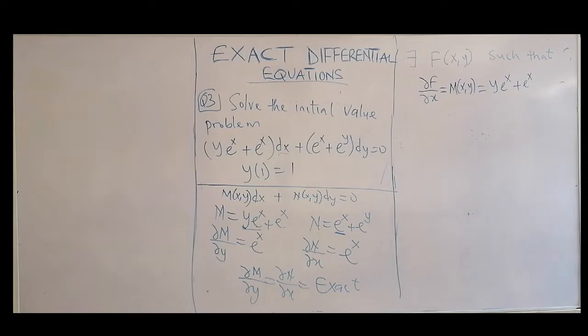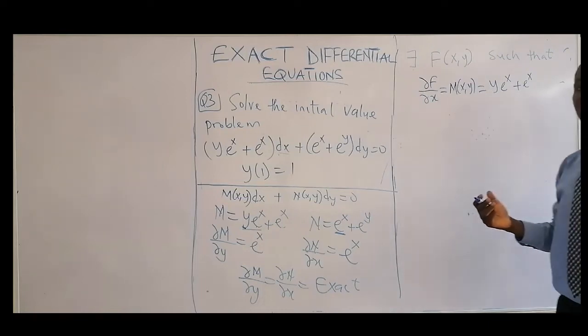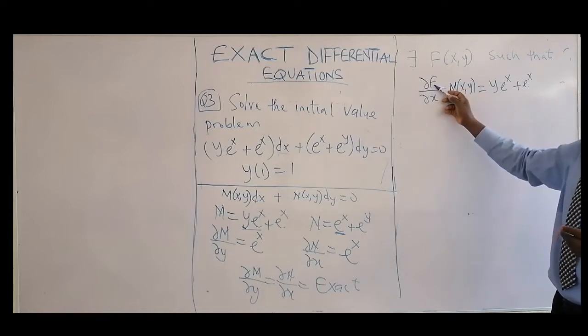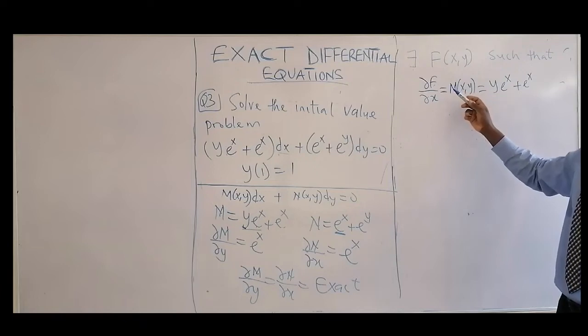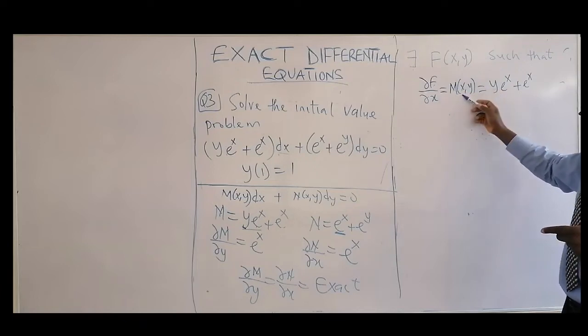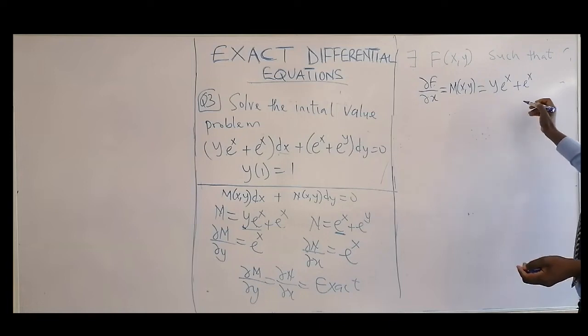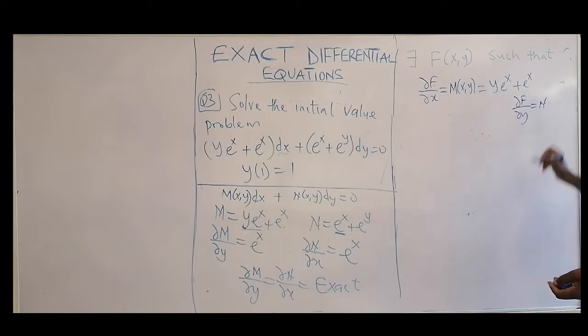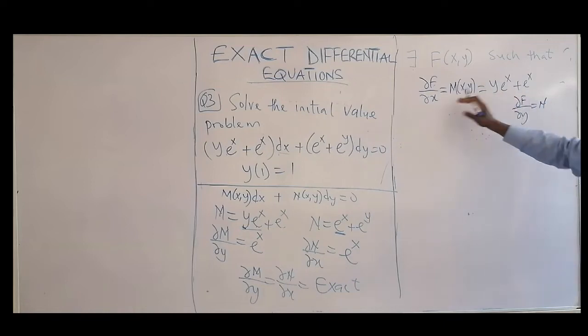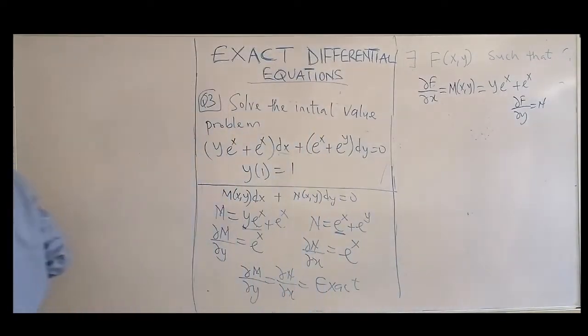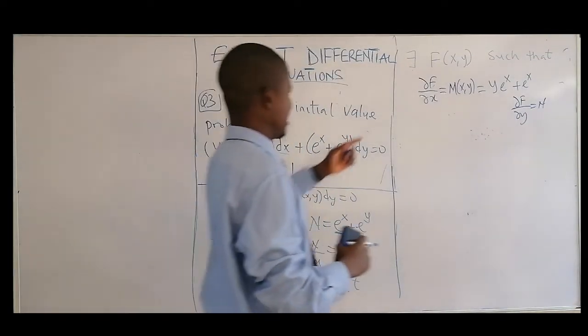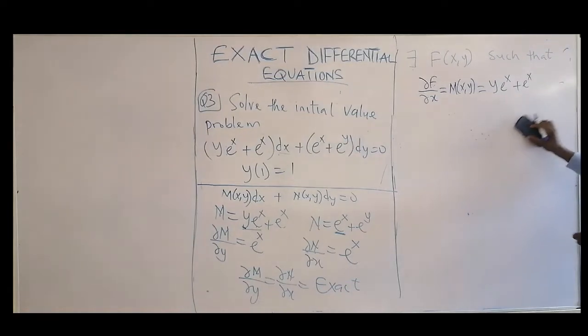Since the equation is exact, there must exist such a function, where the partial of f with respect to x must equal M, and the partial of f with respect to y must equal N. So you can use either one to continue and get the solution of the given problem. Let's use this first one.